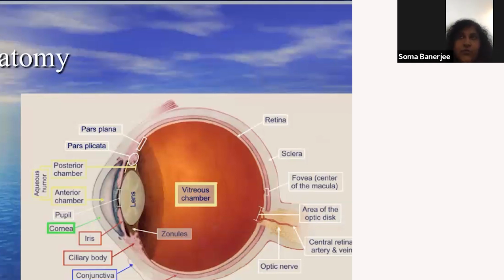So we talk of the supranasal, supratemporal, infranasal, and infratemporal quadrants when we look at the retina. The only other thing I haven't mentioned are the zonules, which keep the lens in place and join them to the ciliary body. These structures are normally not associated with systemic problems, but they are important when we're doing eye surgery.